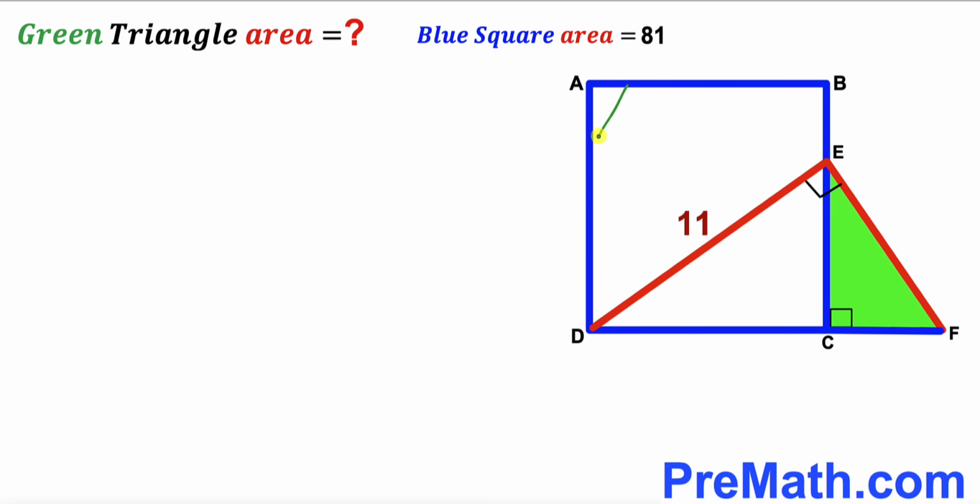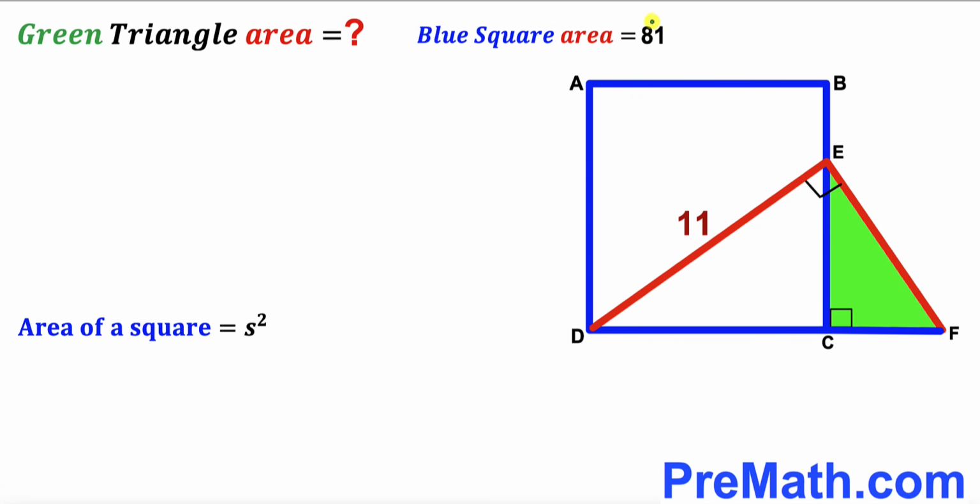Now let's focus on this blue square ABCD. We know the area of this blue square is 81 square units. Let's recall the area of a square formula. Area is always equal to s squared, where s represents the side length of the square.